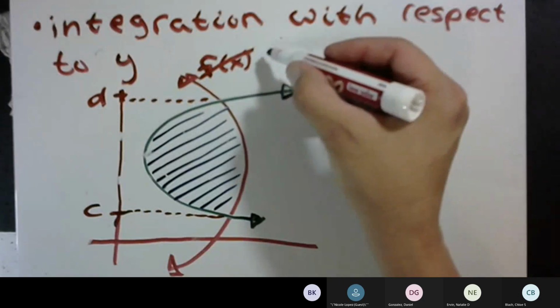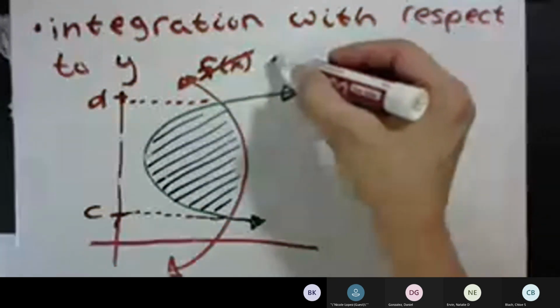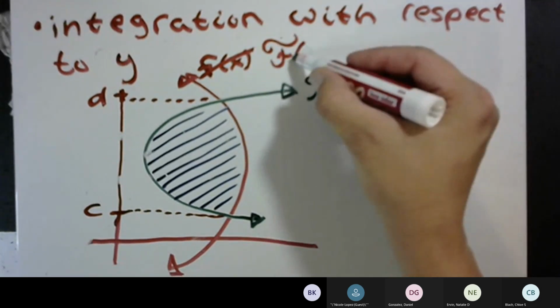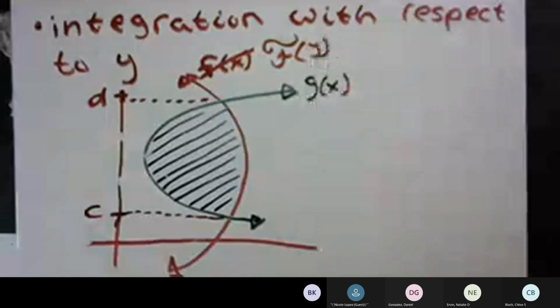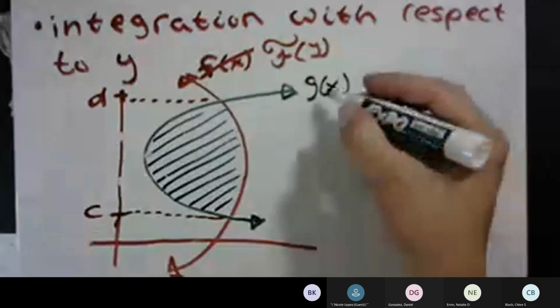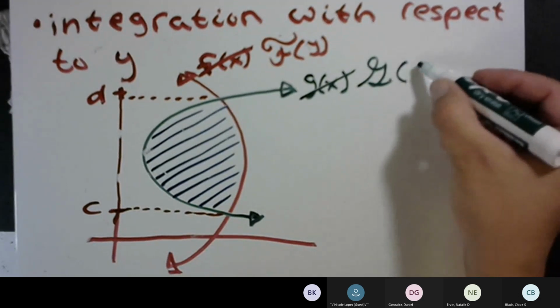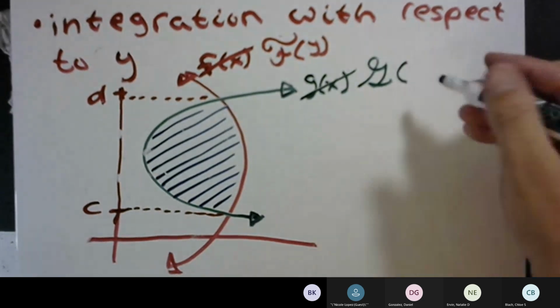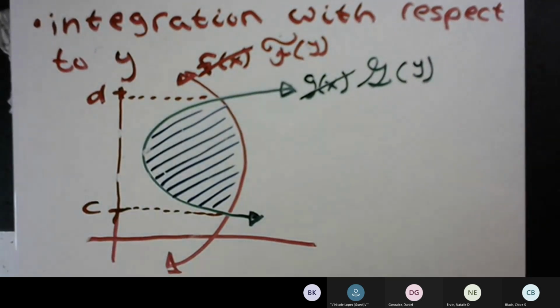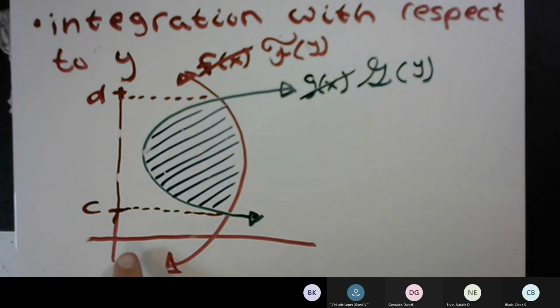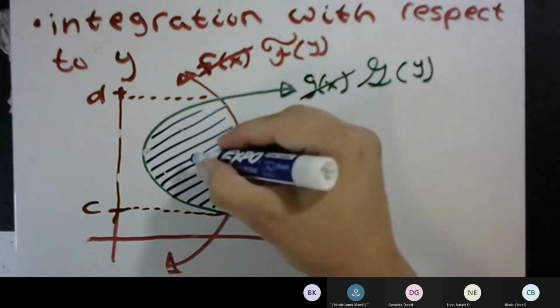Let's try to look for, and I'm going to use a cursive F, if we can express these in terms of functions of y, here's a cursive G. If we could solve for x as a function of y, where x now will be the dependent variable, and y will be the independent variable.